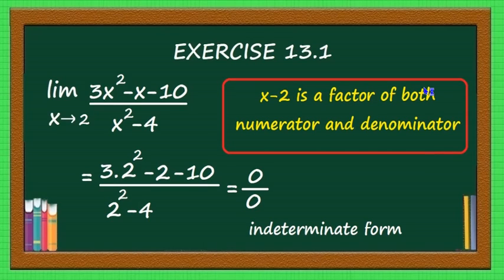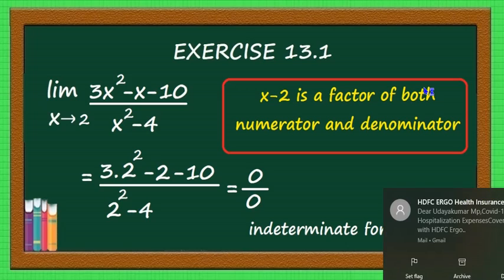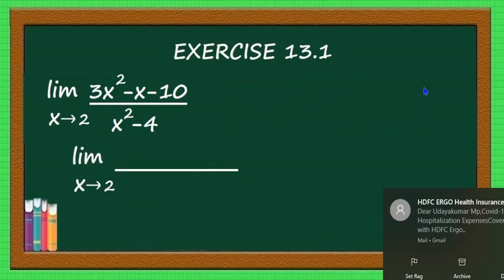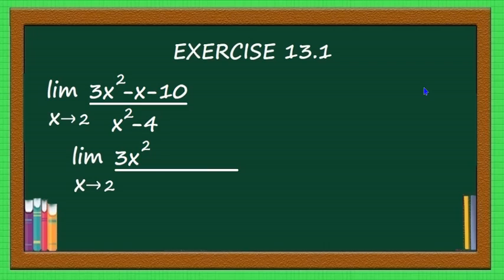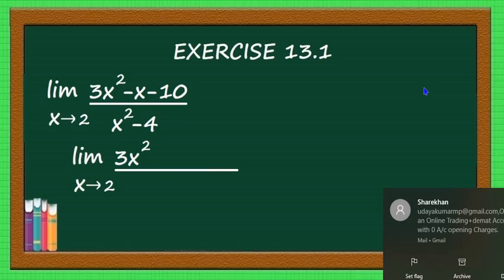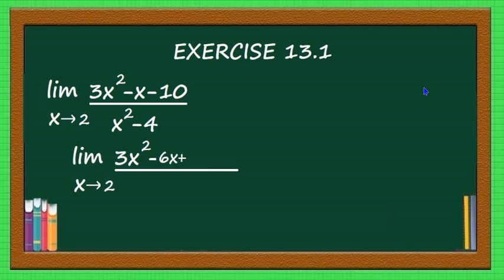Just see here how to factorize this. You know the method of factorization, and moreover we know the factor also. You can factorize very easily. Limit x tending to 2, first you write 3x². Anyhow x minus 2 is a factor, that's why as it is 3x², you have to write minus 6x, because you can take 3x common, you will get x minus 2.